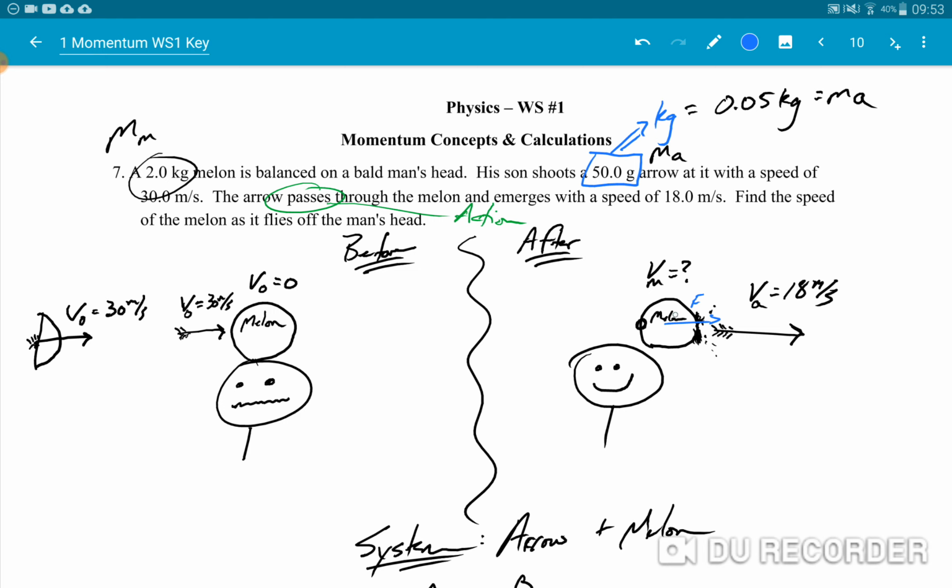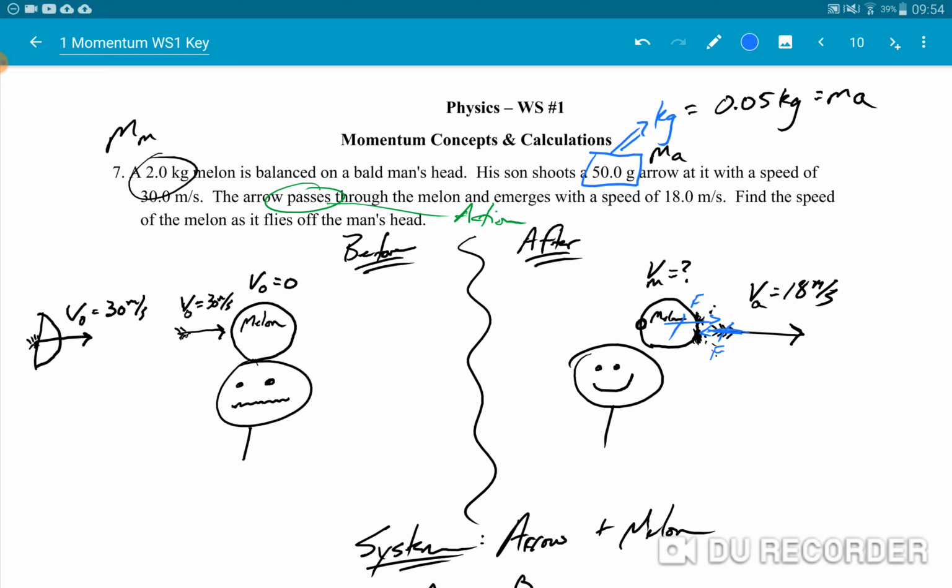But similarly, if that got a force on that, then the arrow must have a force going the other way as well. And just from the last problem, we knew that that's Newton's third law right there. Force of arrow on melon, force of melon on arrow. Those have to be the same amount of force there. So as one is speeding up, the other one, that's got a force going opposite of its motion there, it's got to be slowing it down.